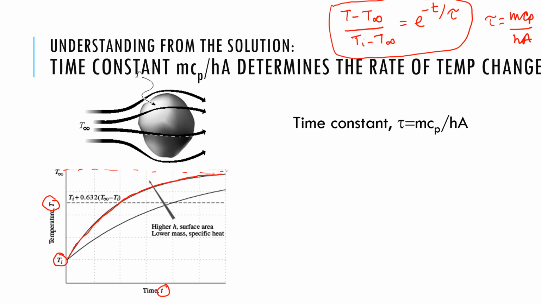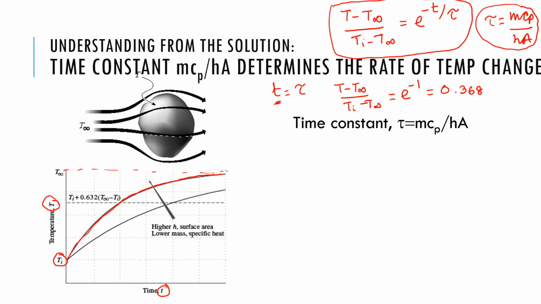So let's say for t equal to tau, so at a value of t equal to whatever this time constant is for a particular situation, T minus T infinity over Ti minus T infinity is equal to e raised to minus 1, which is about 0.368.